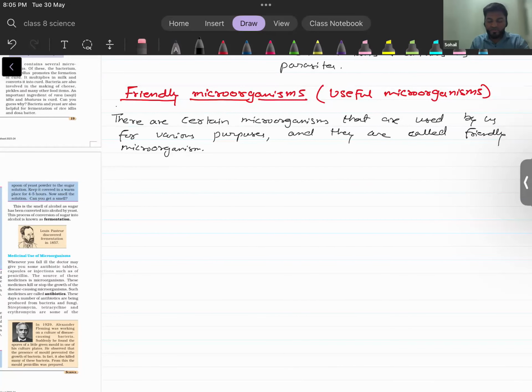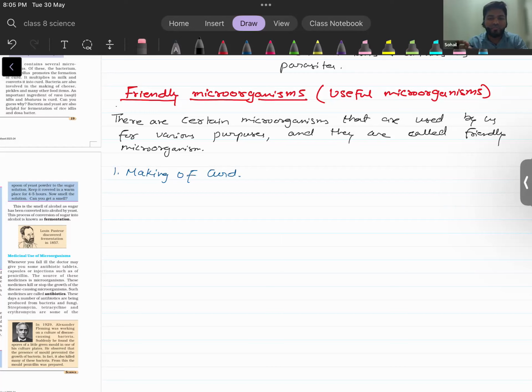The first thing we are going to discuss is making of curd. You already know that Lactobacillus is going to have a role here. The milk is being turned into curd by the bacteria known as Lactobacillus. If your mother ever made curd at home, or if you ever saw the process of curd making, what happens?